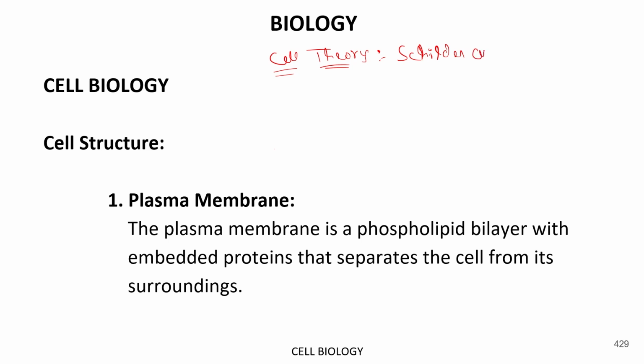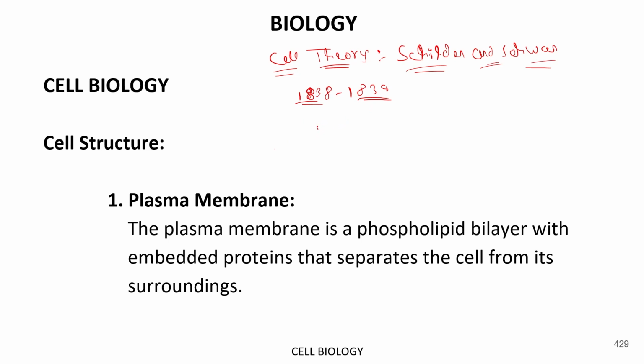Schleiden and Schwann. So these are the two people, Schleiden and Schwann, and the year was 1838 to 1839. Okay, so during this year, they gave the cell theory.